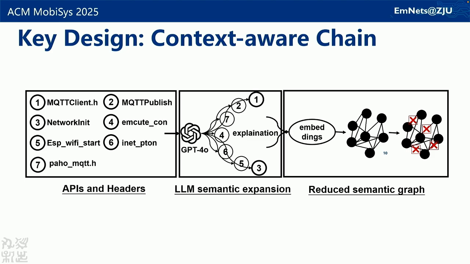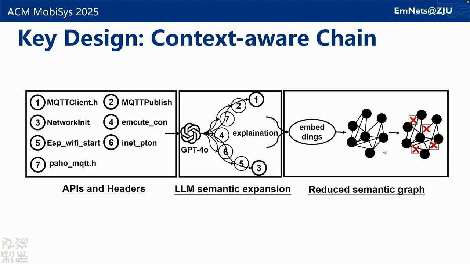First, for a set of APIs and headers, we use the LLM to extend their descriptions by prompting it to describe the function of the current API and highlight aspects relevant to the problem description. This additional related information enriches the semantic content of each API and header.